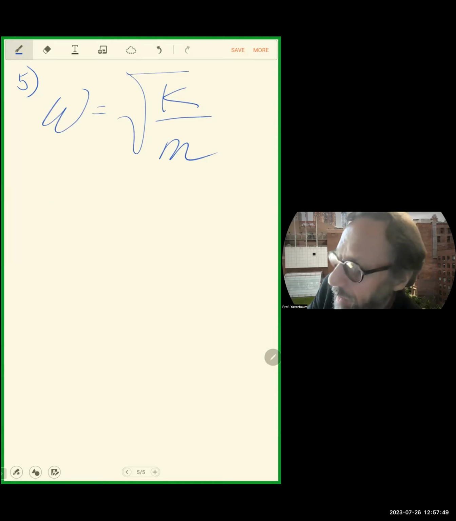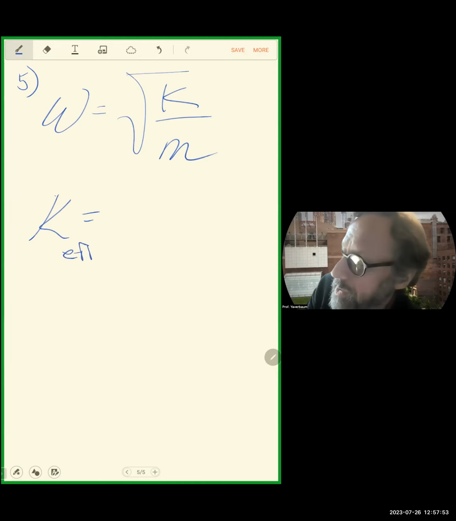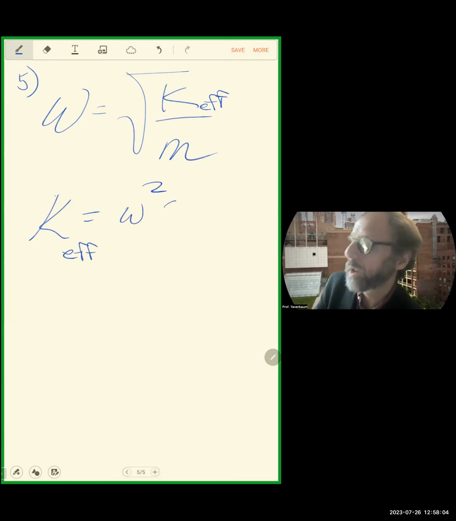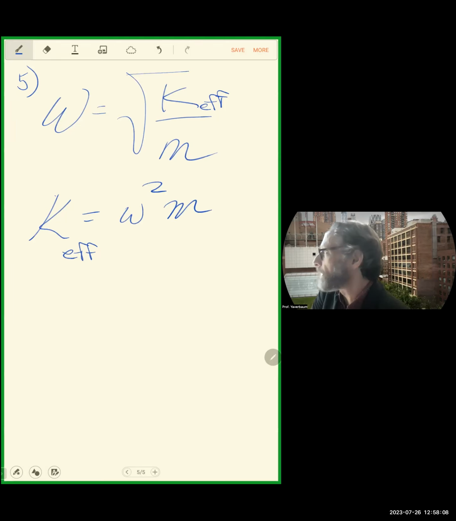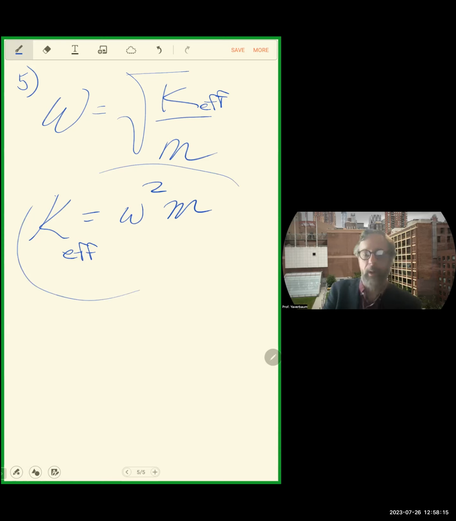So you could solve for the effective stiffness by setting it equal to this. And it's effective because there is no actual spring here, but there's something acting springy. So the effective stiffness of it would be this. Again, you have to write this all out and explain it. Lastly, 6.